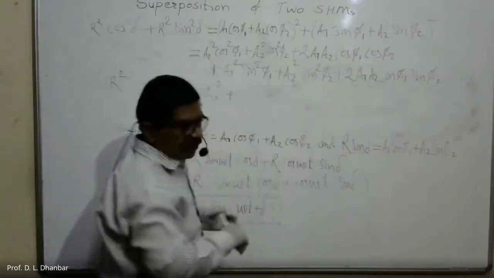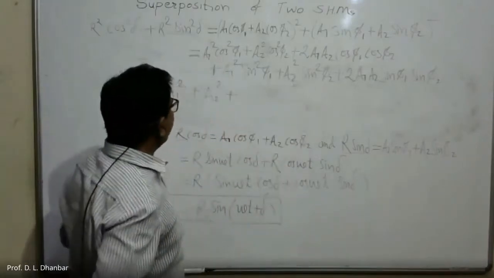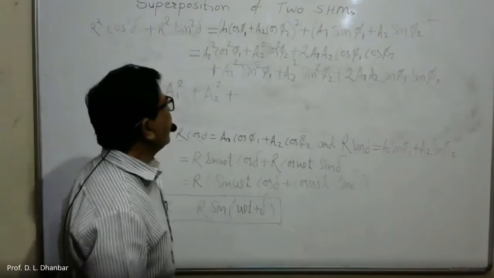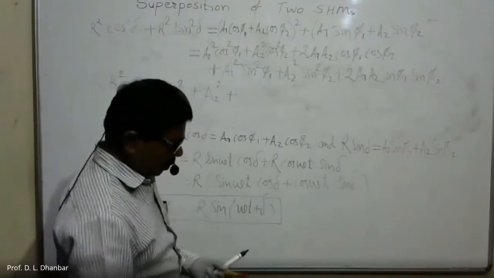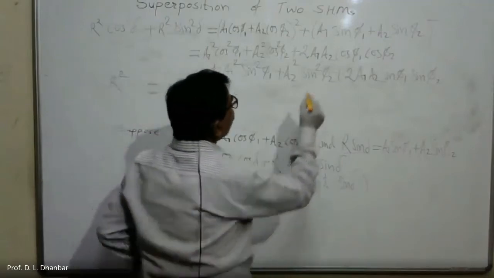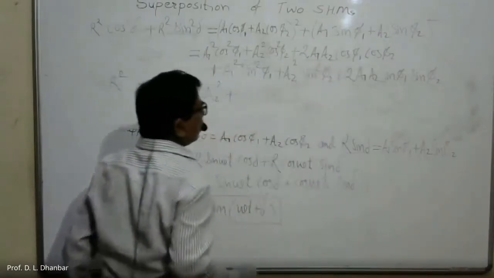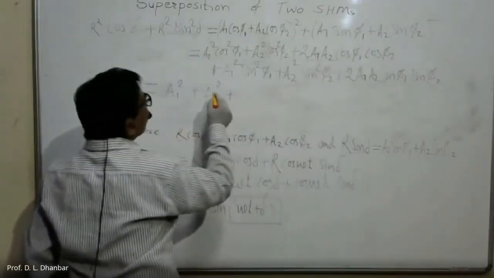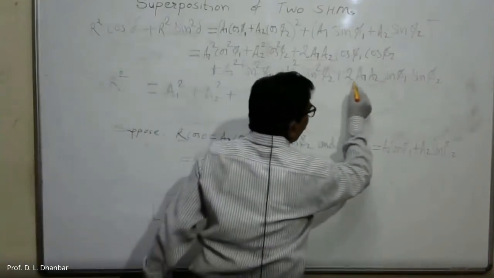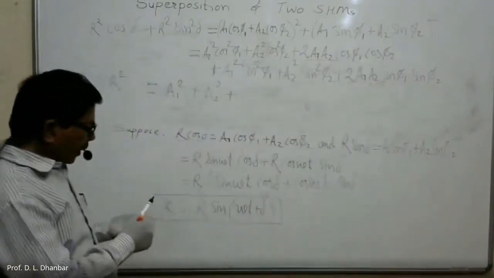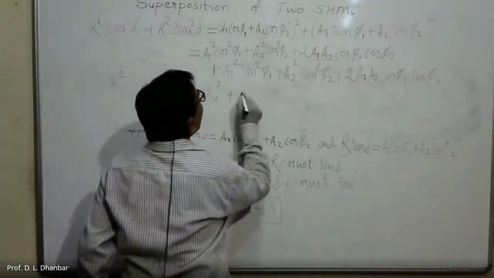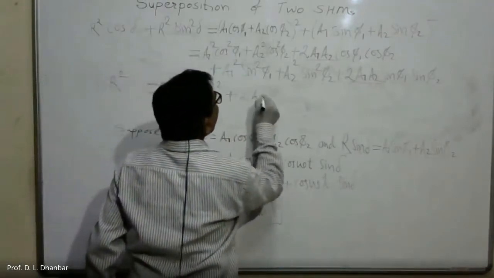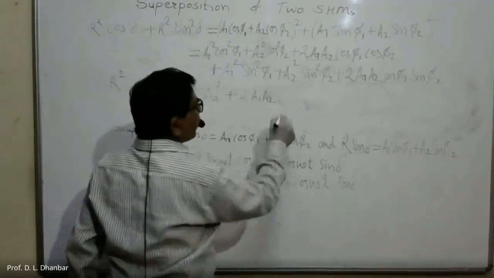here this is twice A1 A2 is common, so we can take out it. Here you can see this is common, and here also A1 A2 is common. So we can take out it outside the bracket, so that you will get 2 times A1 A2 in bracket.